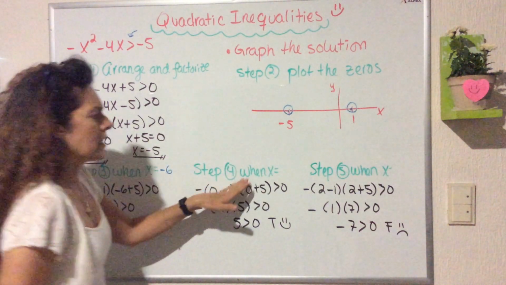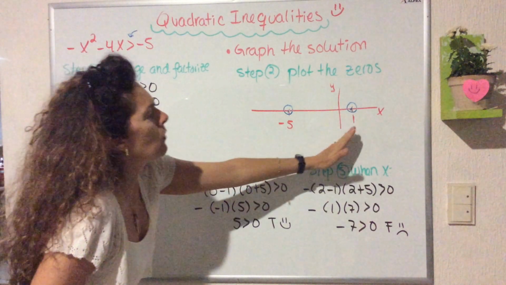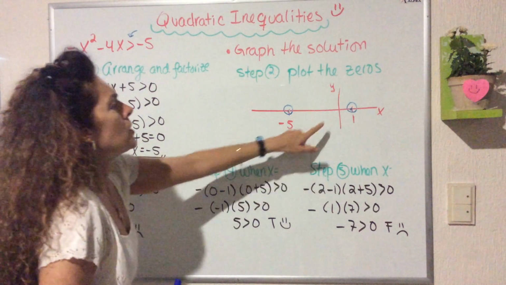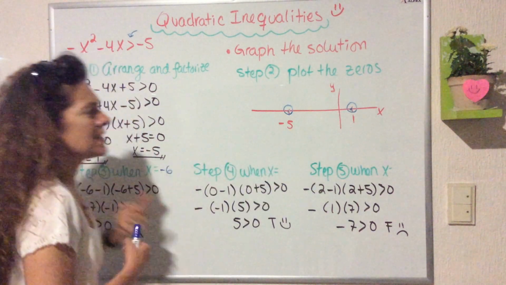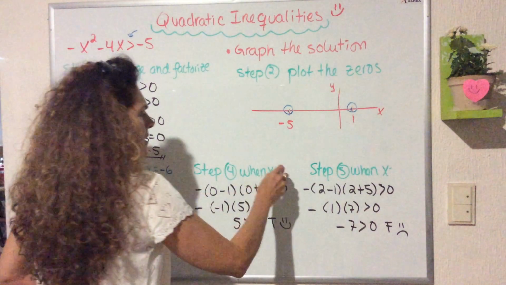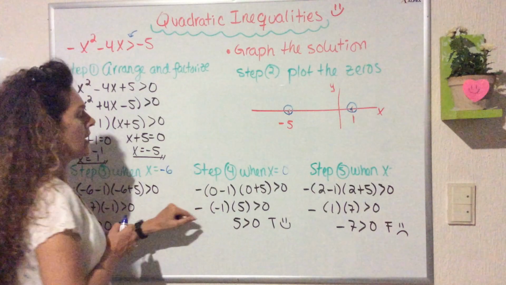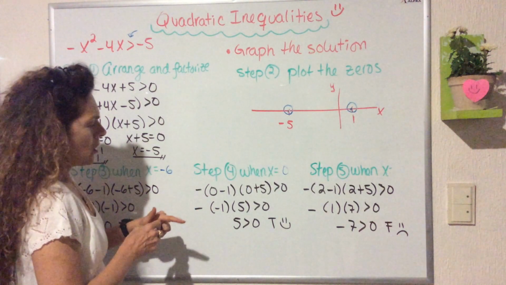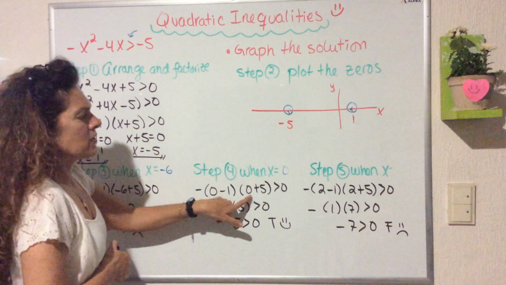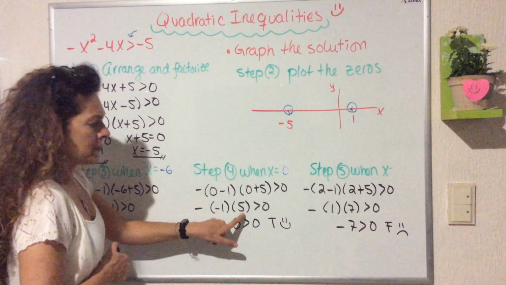Then, in the next step, we take one value which is between -5 and 1. -5 and 1 not included, remember. So we can take the 0 because it is easy for us to do calculations. Now, when x equals 0, we substitute it in x. Okay, so we have minus, and minus 0 minus 1 times 0 plus 5. So we get minus times minus 1 times 5.